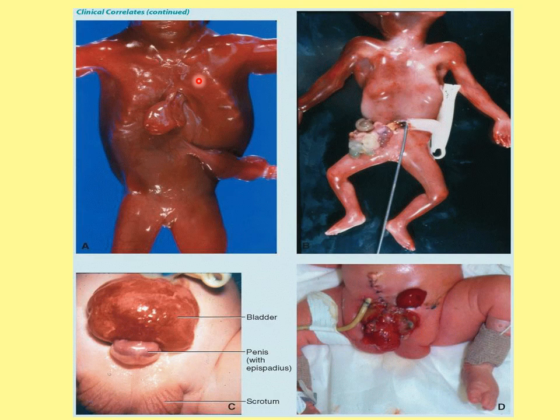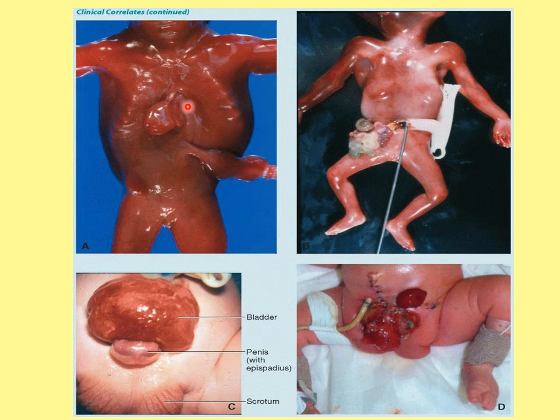In the thoracic region, as the lateral body folds fail to fuse in the midline, you can see that the heart is exposed to the surface. The heart is present superficially on the thoracic region, and this is due to the failure of the lateral body folds to fuse in the midline.